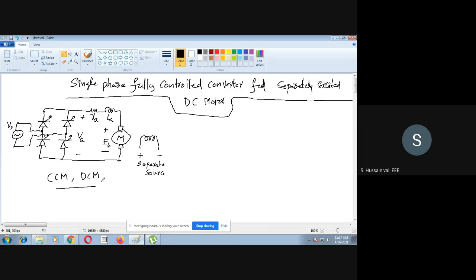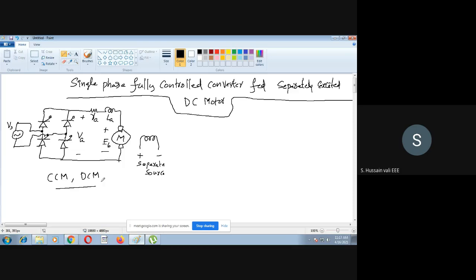Maybe it is increasing or decreasing, but the current remains a non-zero value always. That's the continuous conduction. Whereas discontinuous conduction means for a certain duration of the total time period, the current in the armature is zero. So there will be discontinuity in the current waveform, and that you call discontinuous conduction mode.